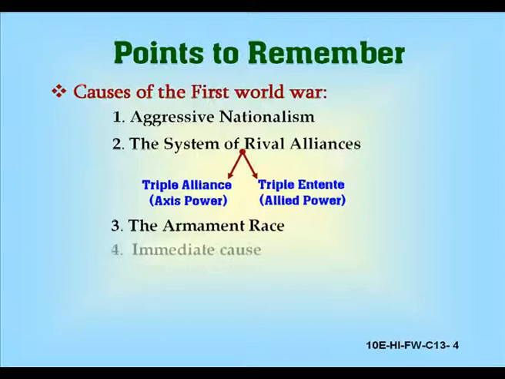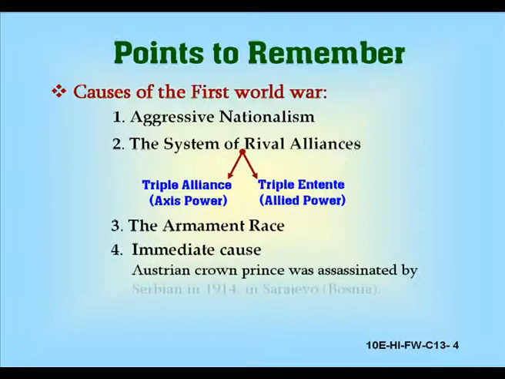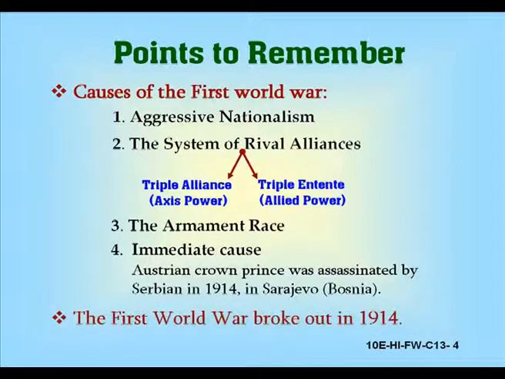And 4. Immediate cause, that is, the Austrian Crown Prince was assassinated by a Serbian in 1914 in Sarajevo, Bosnia. The First World War broke out in 1914. Please write down these important points in your book.